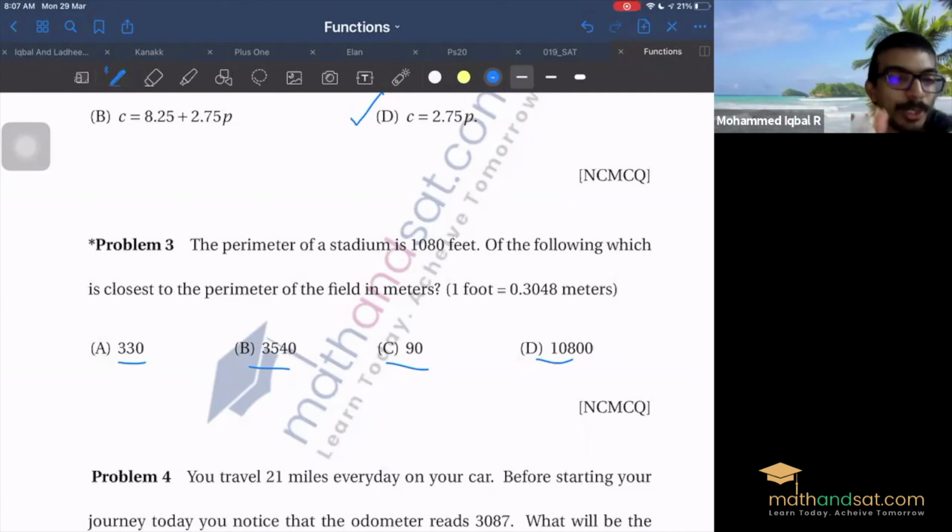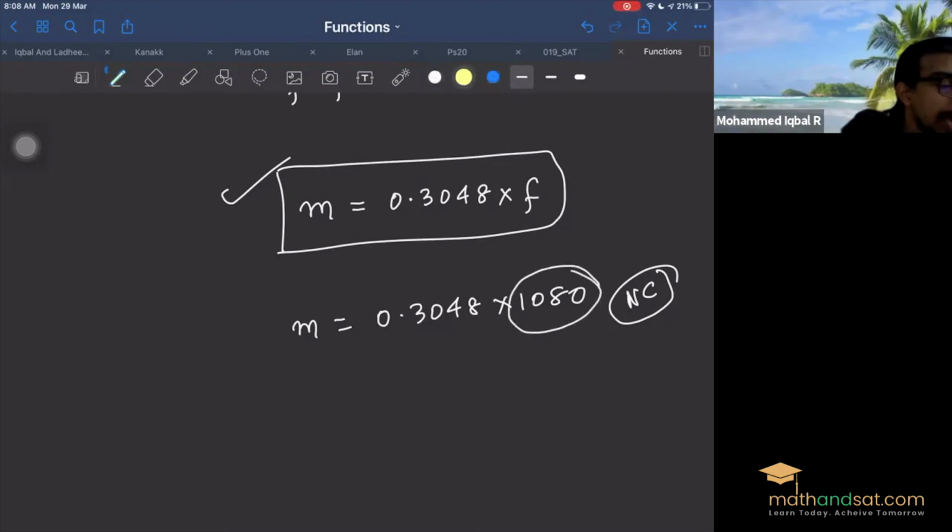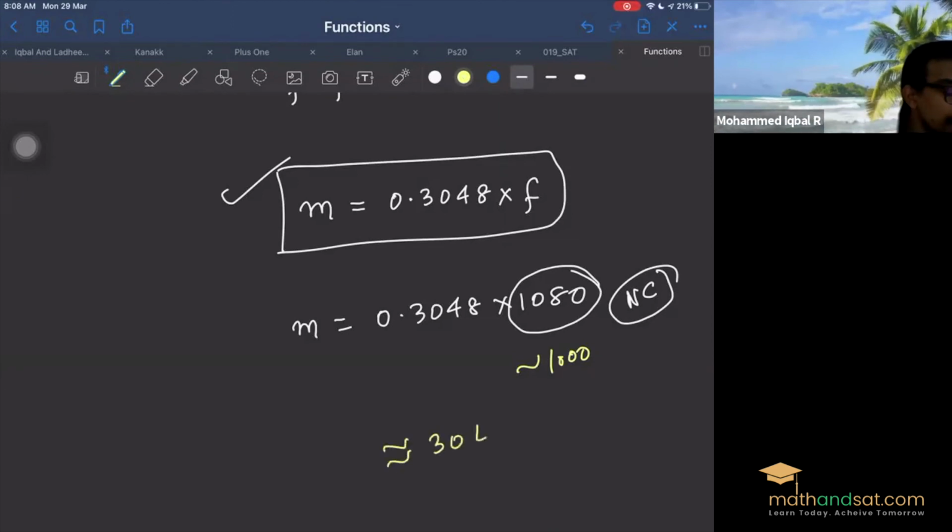So without actually doing the real math, I am going to make an approximation, because doing this multiplication is going to take some time if you do not have access to a calculator. So I'm going to make an intelligent approximation. Instead of 1080, if it were 1000, the number will be approximately 304.8.